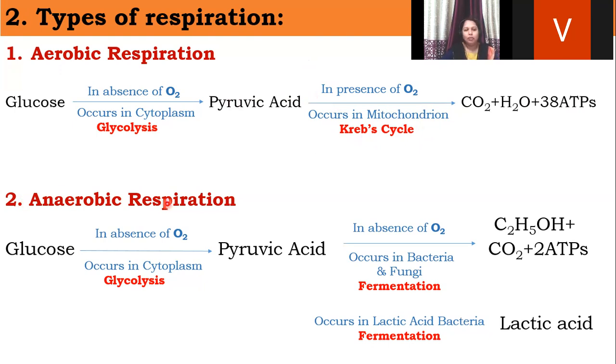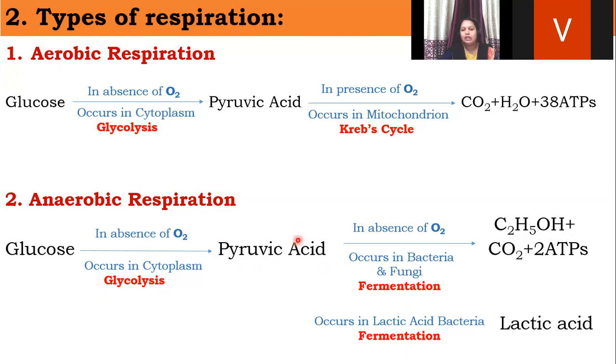In case of anaerobic respiration, the glucose is converted into pyruvic acid in absence of O2. The reaction occurs in the cytoplasm of the cell and is termed glycolysis. But the pyruvic acid has two fates. Either it is converted into ethanol and carbon dioxide, or it is converted into lactic acid. Both processes are termed fermentation. This is simply called fermentation, and this is called lactic acid fermentation.